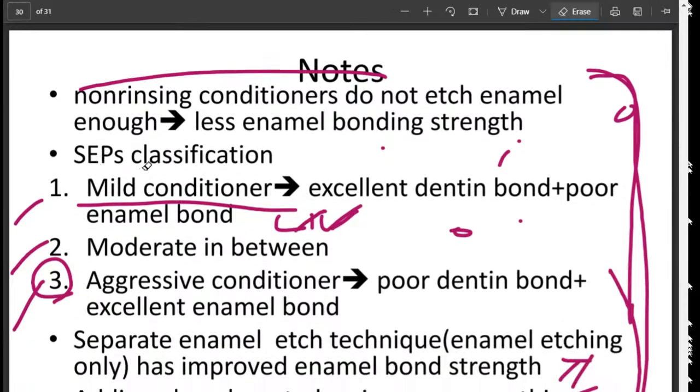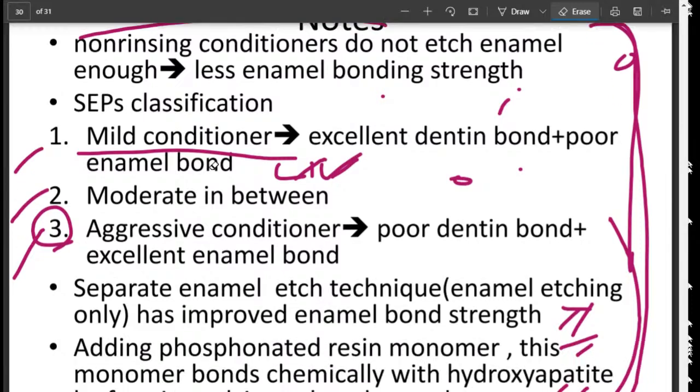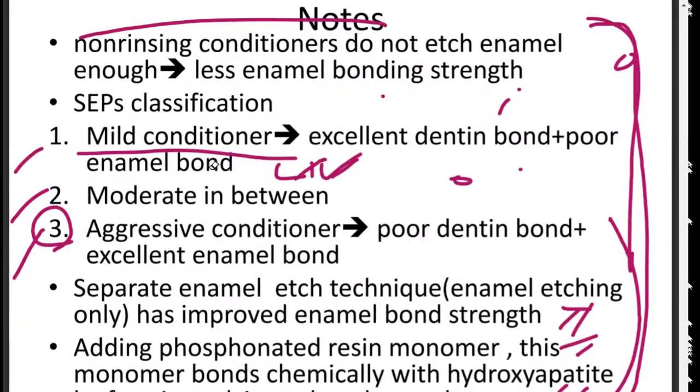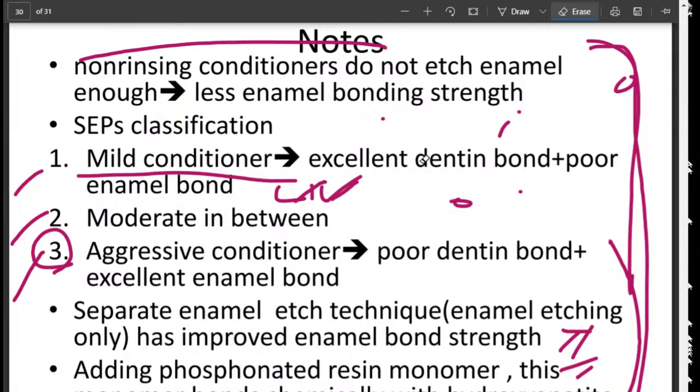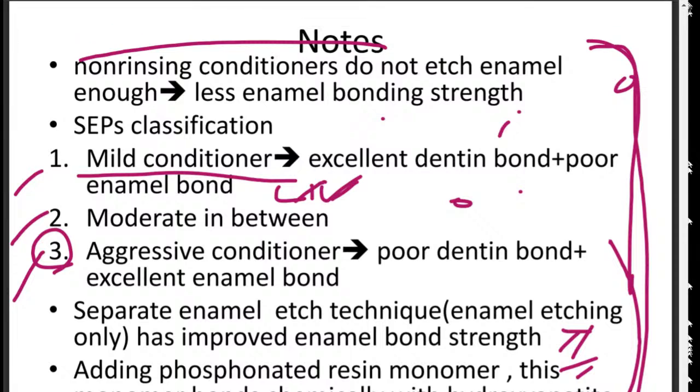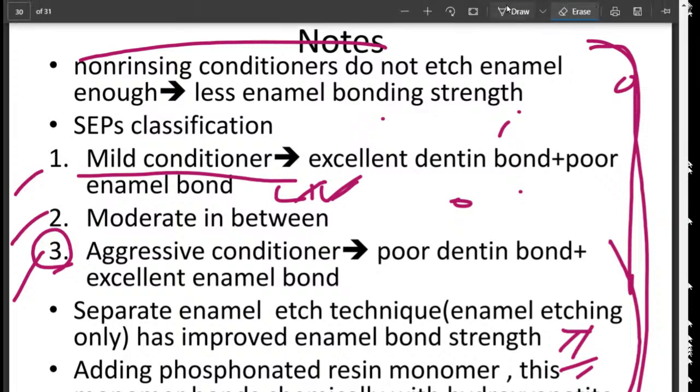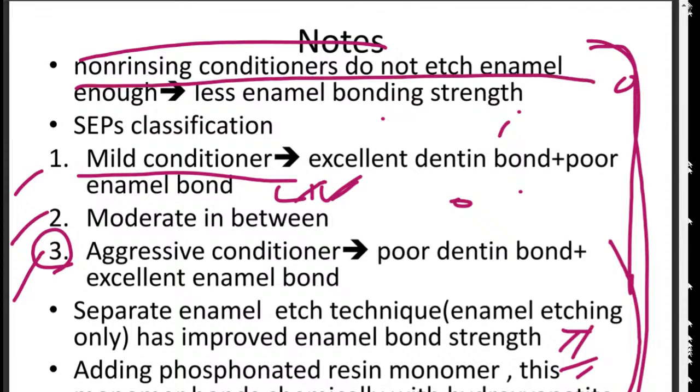These notes about generation 6 are talking about the nourishment. The nourishment condition: do not etch enamel enough, causing less enamel bonding strength.